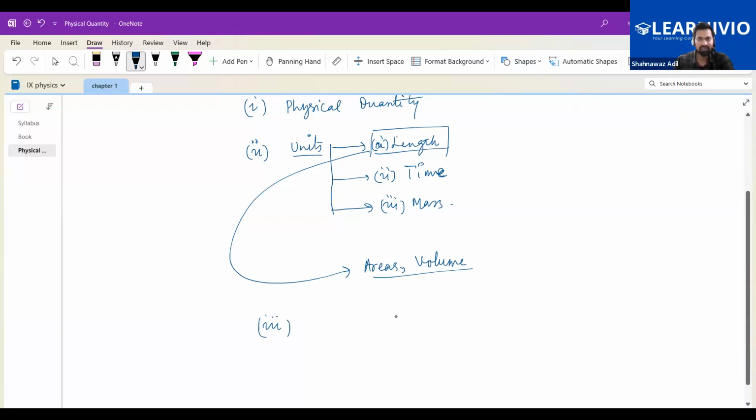And to represent these physical quantities, we have to understand their significant figures. Right. So let's say that we are measuring a table, and let's say that we are only measuring the length of the table, not the breadth, right?